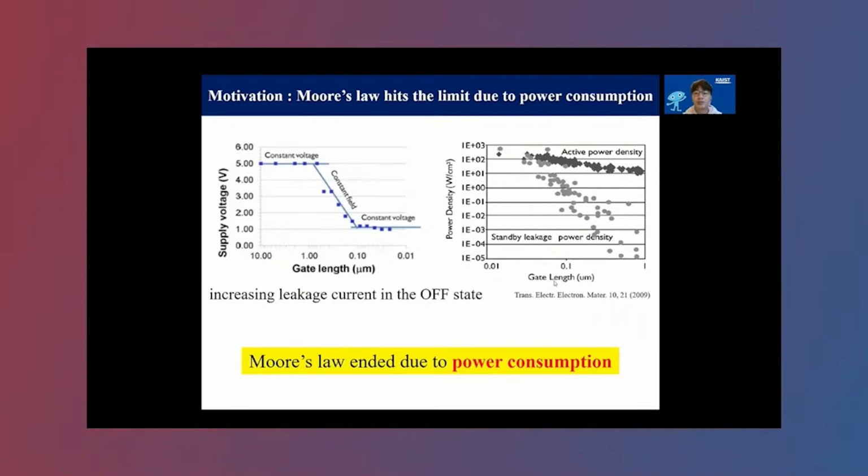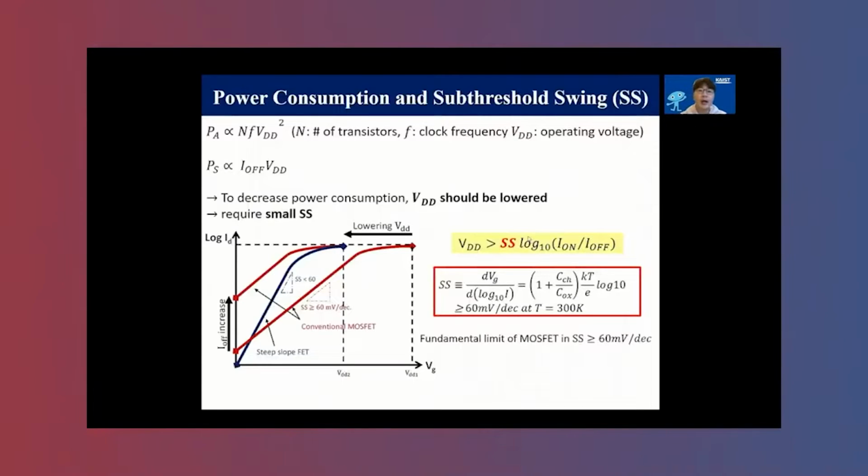As you can see, as the gate length decreases, both active power and standby power density increase, but the standby leakage power density increases more steeply. How can we reduce this power consumption and extend Moore's law?